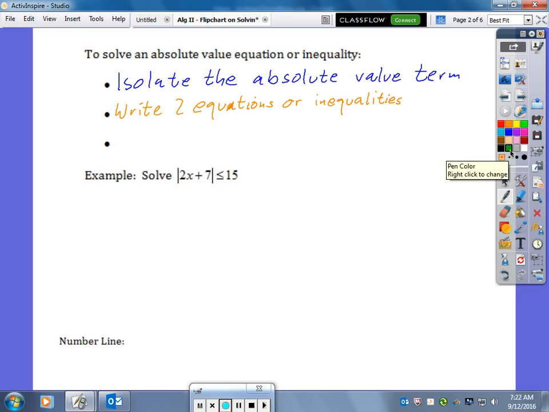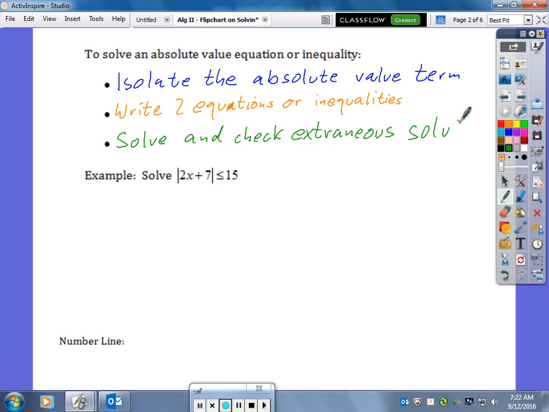And then in our last step, we will solve the equations or inequalities and check for extraneous solutions. You remember when we talked about extraneous solutions in the previous class? Those are solutions that we cannot find on our coordinate plane and therefore they're not valid.